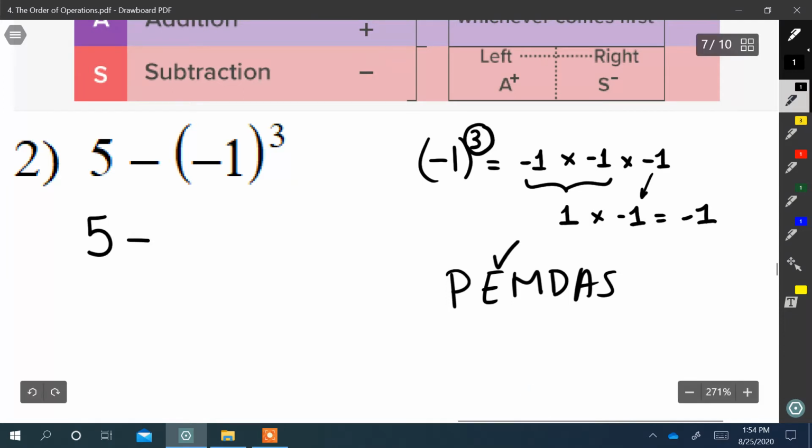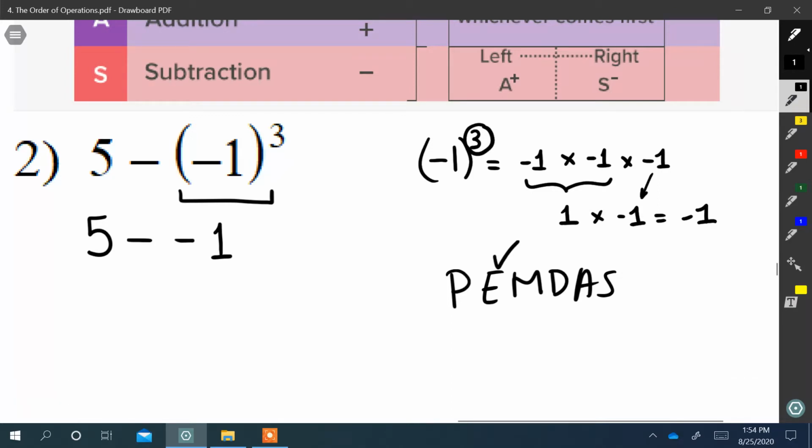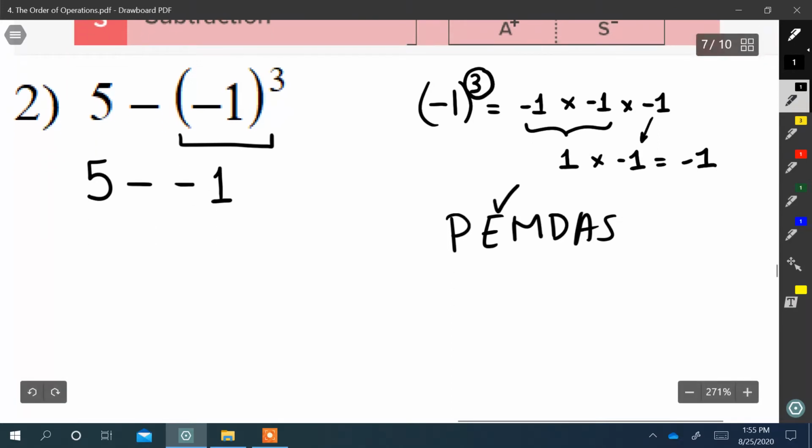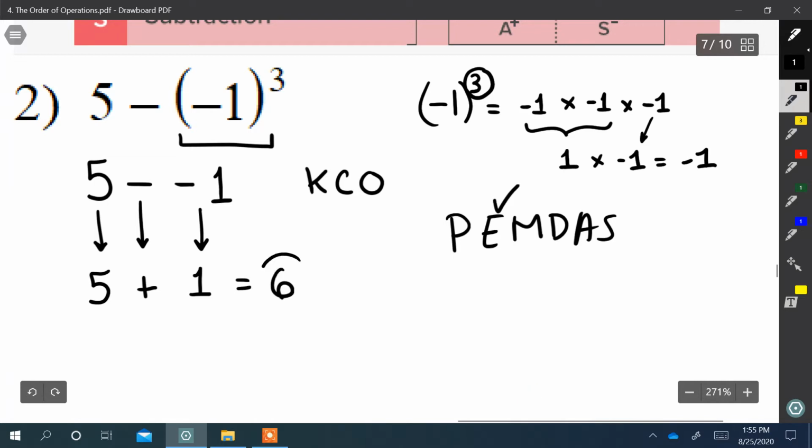So we got 5 minus negative 1 to the third. That's actually negative 1. So I have 5 minus negative 1. We're going to use KCO now. KCO says that you keep the 5, you change the minus into a positive, and then you do the opposite of negative 1. The opposite will be 1. We got 5 plus 1 will be 6.